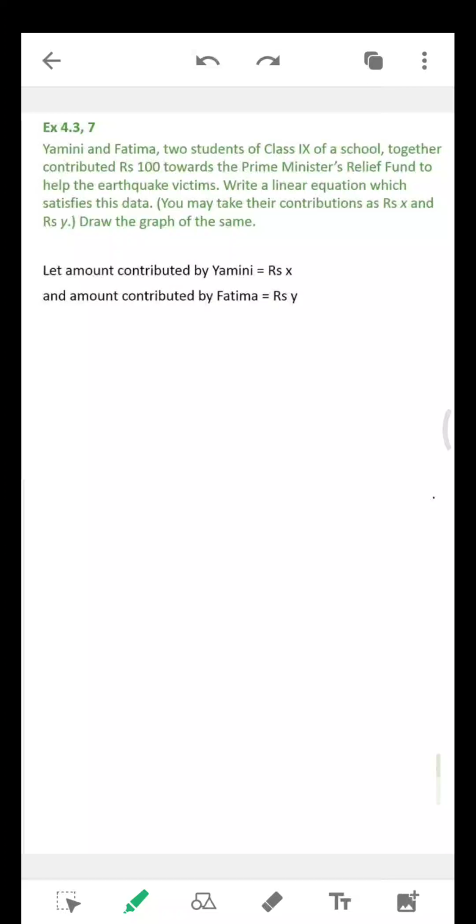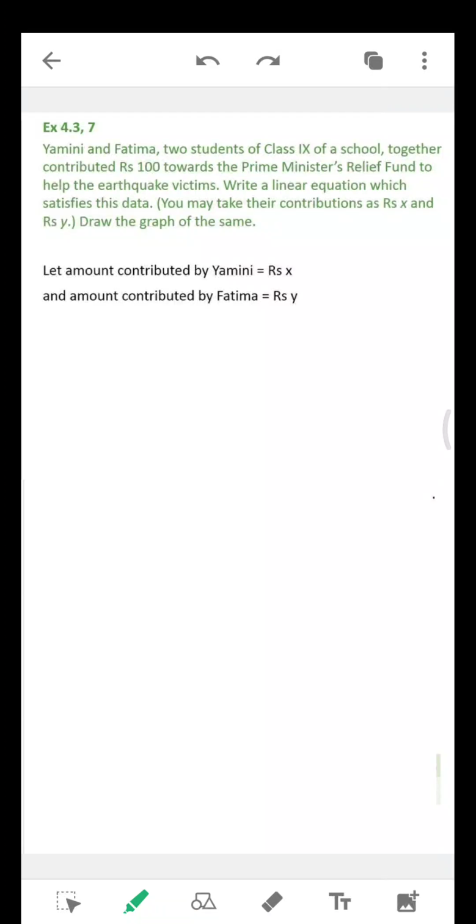We'll say let the amount contributed by Yamini be X and the amount contributed by Fatima be Y. This question is related to the opening question of our chapter, which I explained in the example, where you purchased a purse, a bat and a ball, or different things, a mobile and a headphone.